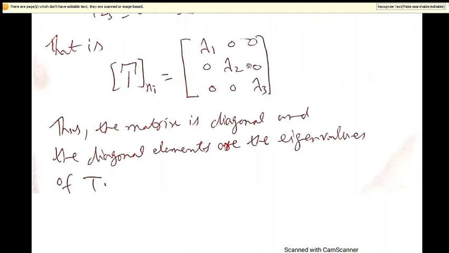So this matrix is diagonal and the diagonal elements are the eigenvalues of T. It means that if we want to write any tensor T with respect to principal directions, the result is simply a diagonal matrix whose diagonal elements are the eigenvalues of tensor T: lambda 1, lambda 2, lambda 3.